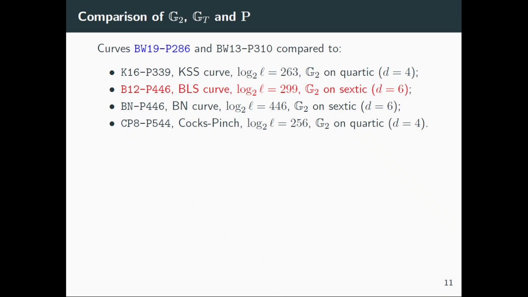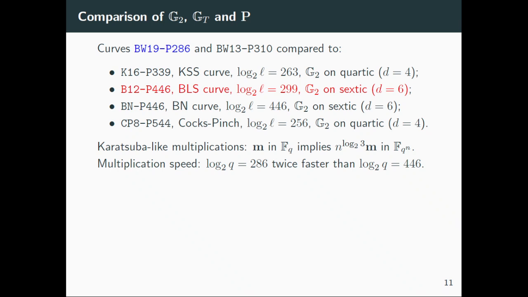We compared our curve to KSS, BLS, BN, and Cocks-Pinch curves. They correspond to 128 bits of security and are already implemented in the framework. For the sake of simplicity, I am just going to compare the curve BW19 in blue to the BLS curve in red. We make the estimations using a Karatsuba-like algorithm for field multiplications.